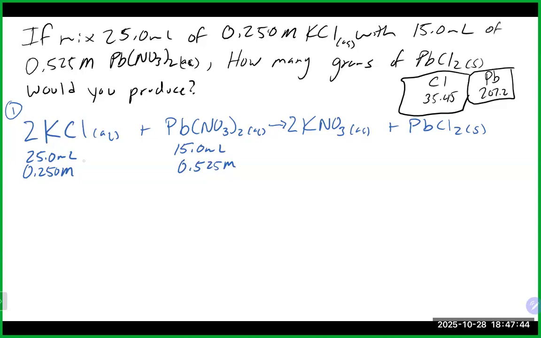Well, I could definitely get moles here, right? And I could definitely get moles here because I have the molarity and the volume, which means I could calculate moles. That means I could get moles of both reactants, which means what type of stoichiometry problem is this? This is a limiting reagent problem.